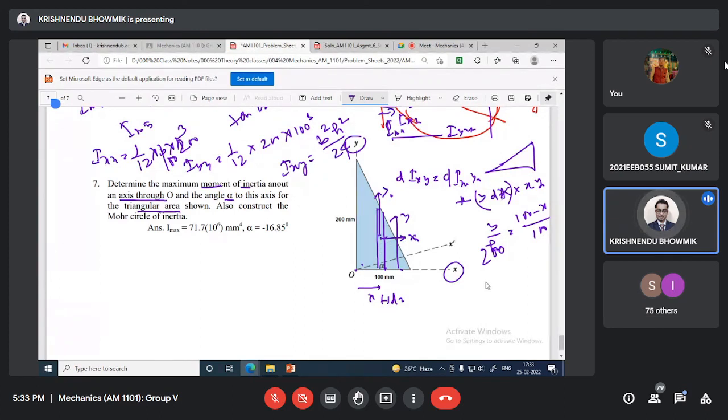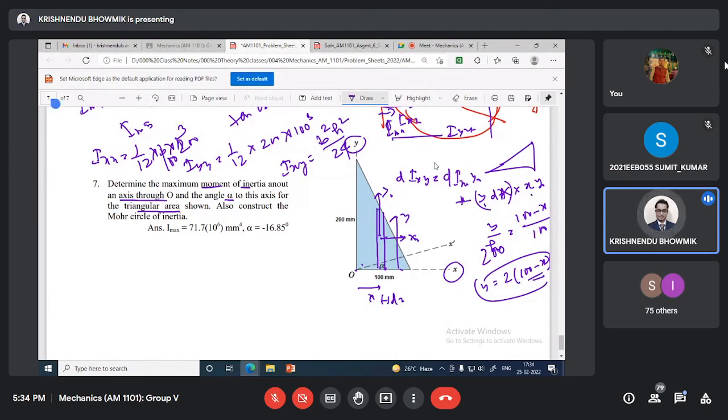So we can have the relationship Y equal to 200 by 100 times 200 minus X. That relationship we can use from this. And so what we can do, we can replace this Y in terms of X. X is already there, dx is there.